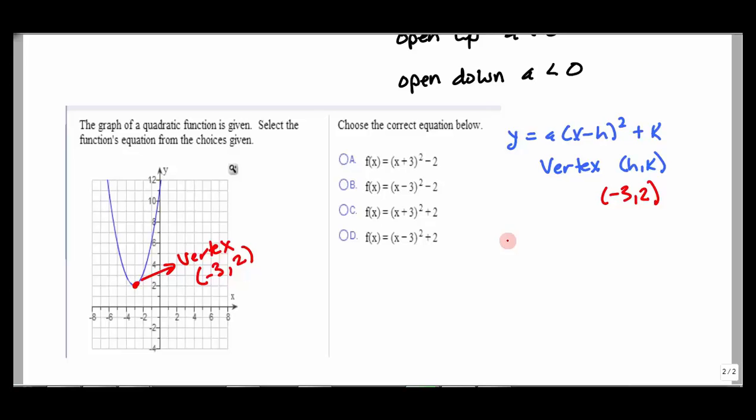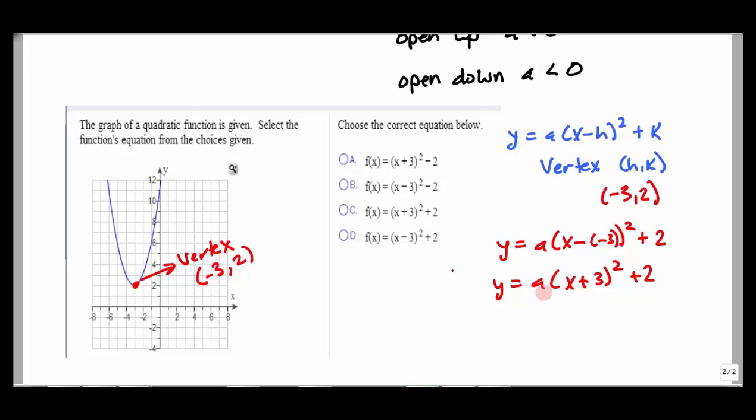So a general form for this parabola, and I don't know the value of a, that doesn't end up mattering here, is a(x minus the x value of my vertex) squared plus the y value of my vertex. I'm not going to be able to figure out what the a is just from the vertex, but this should be what the general form looks like.